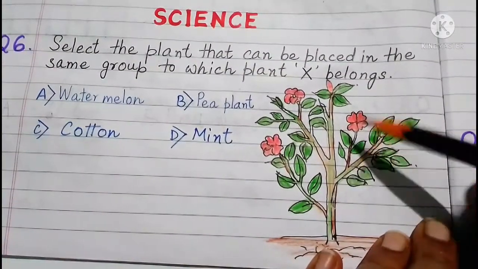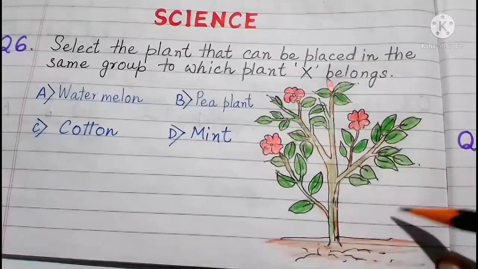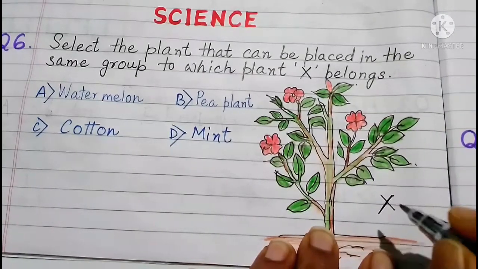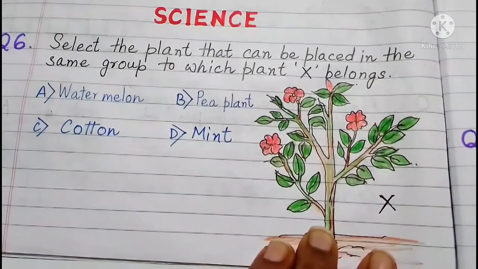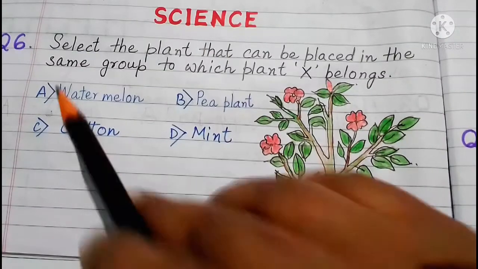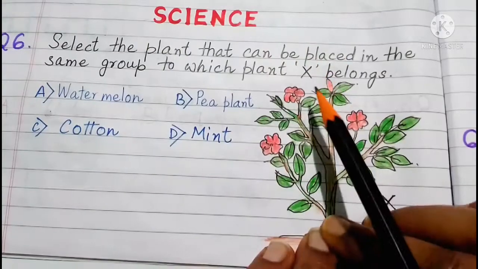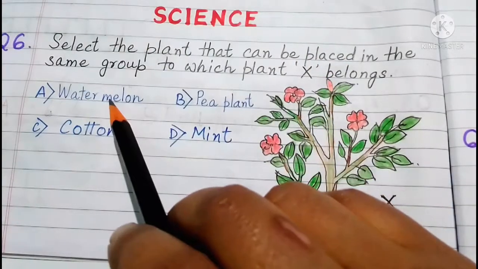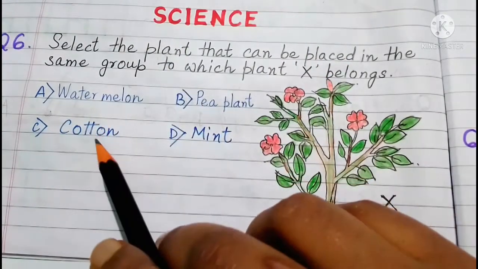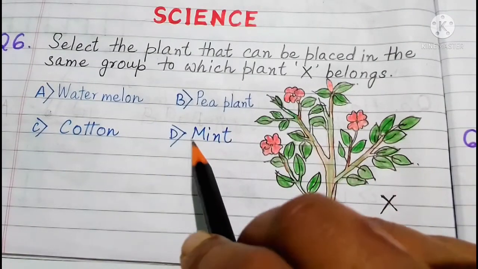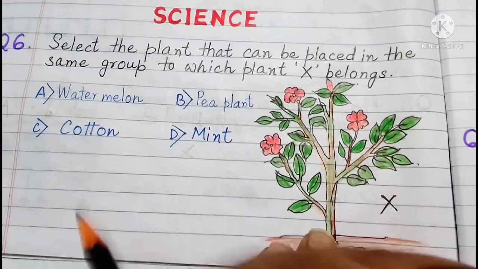So this is X, drawn over here, and you have to find out which plant out of these 4 belongs to this particular shrub category. Watermelon, pea plant, cotton, mint. Now mint is a herb. Mint is the wrong answer.